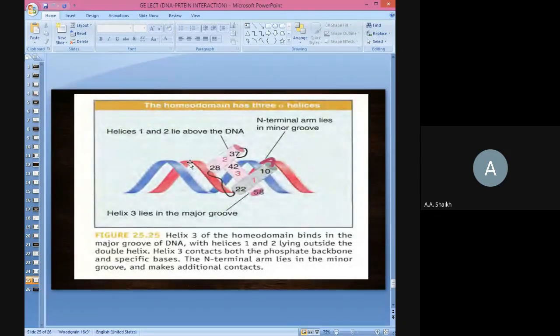But here, in the general structure, the homeodomain interacts with both the major groove as well as the minor groove of the DNA.